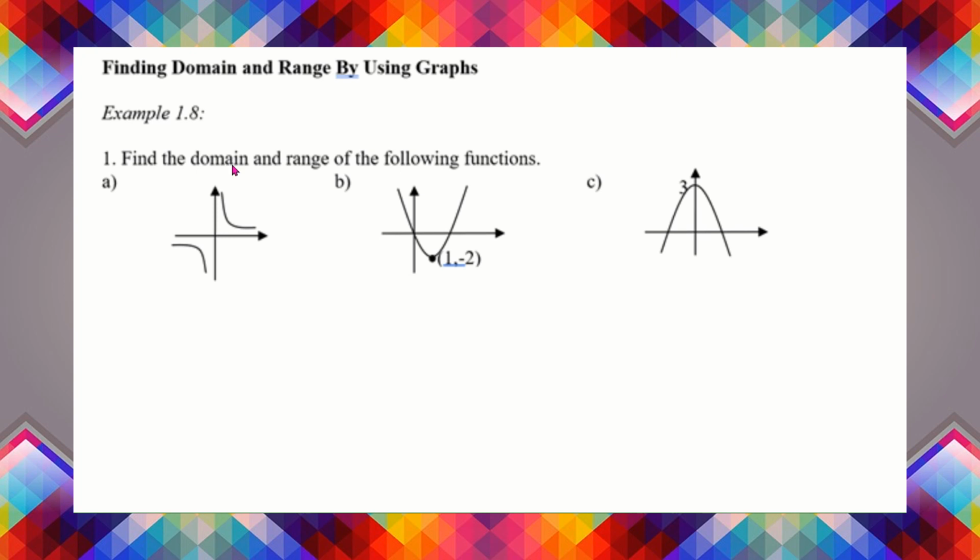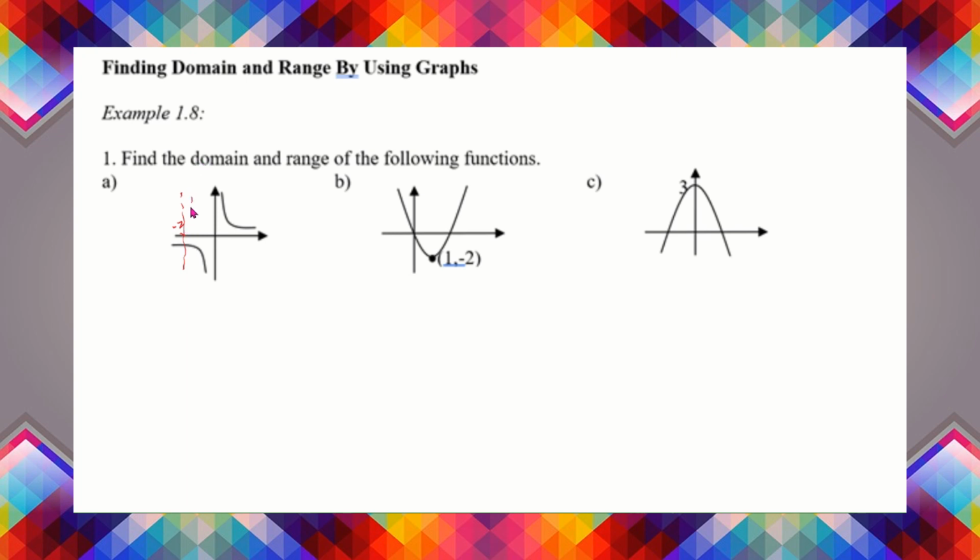In order to find the domain, you can imagine that you draw a vertical straight line. Let's say it is at negative 2 here. If this straight line intersects the curve, it means negative 2 is one of the elements in the domain.